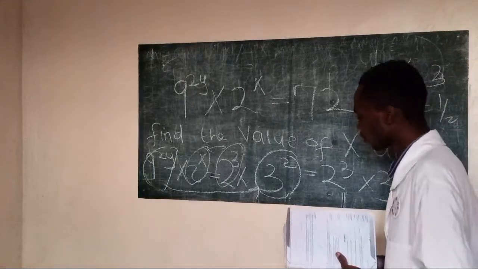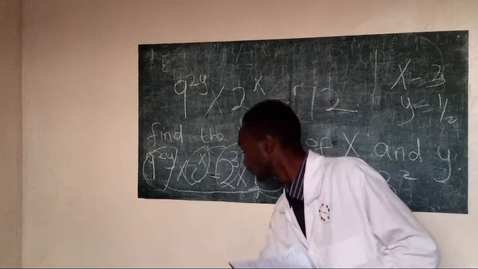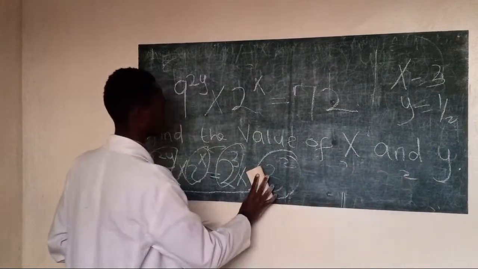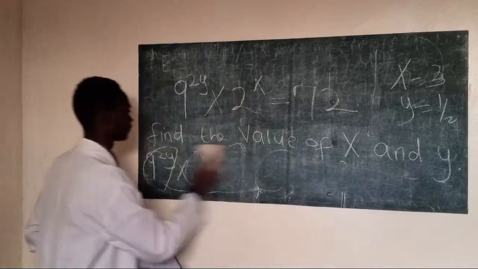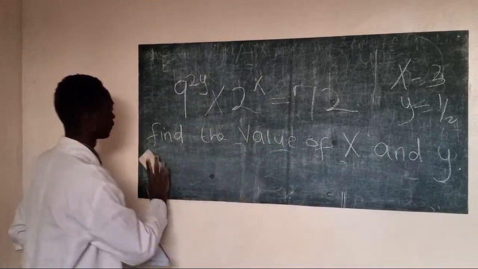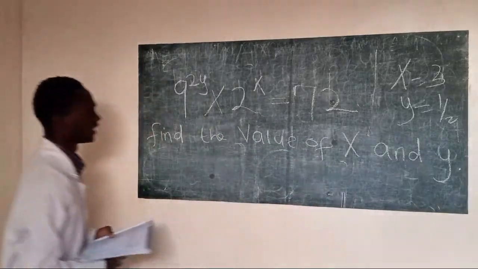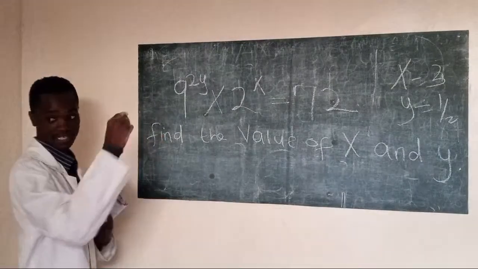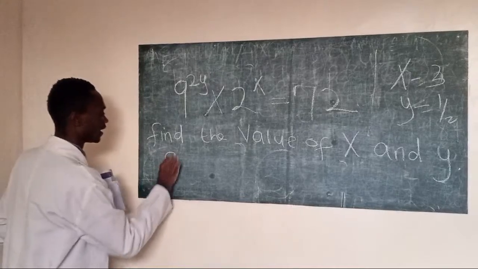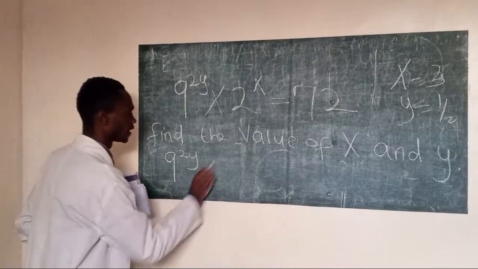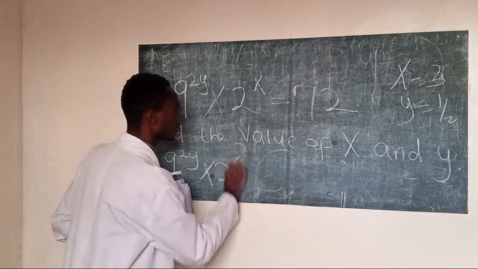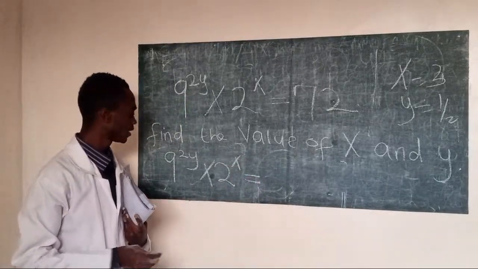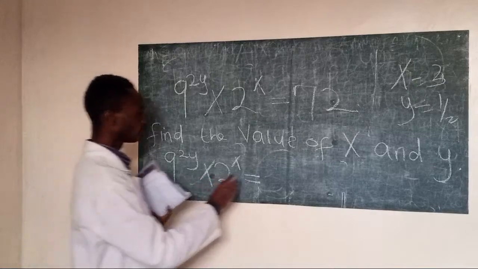Yes. So, everybody look at, including those who have gotten the concept, 9 raised to power 2y times 2 raised to power x. 72 in terms of its prime factors we said is 2 cubed times 3 squared.